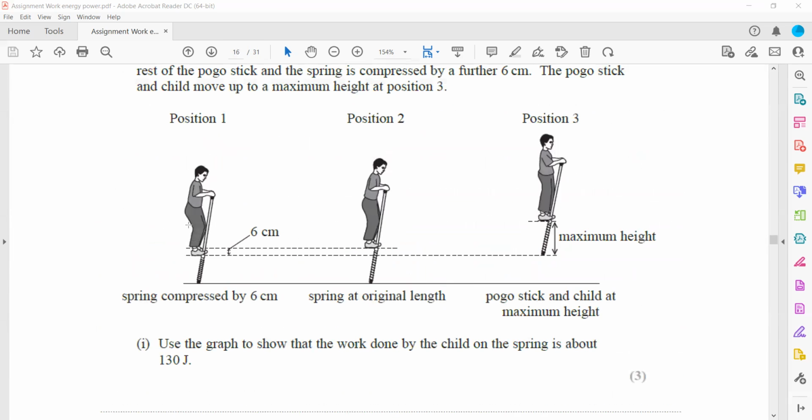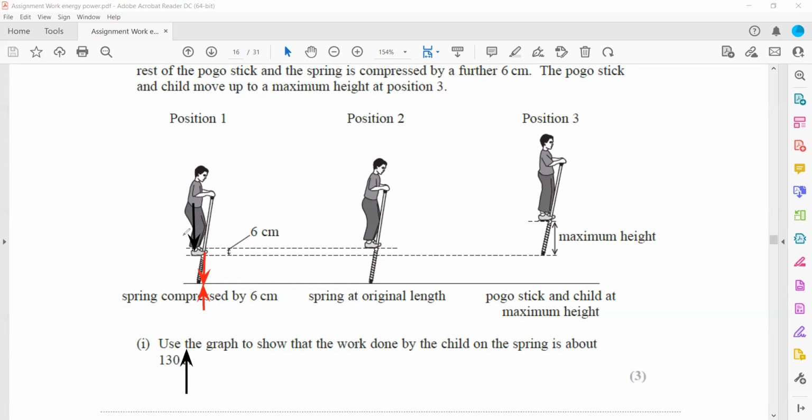Look, there's a gravitational pull of the earth on the child and on the pogo stick, and the child and the pogo stick are attracting the earth. That is one pair force. The second pair force is the downward force by the pogo stick on the ground, equal to the upward force from the ground on the pogo stick.